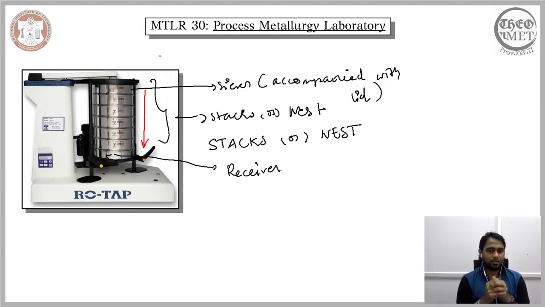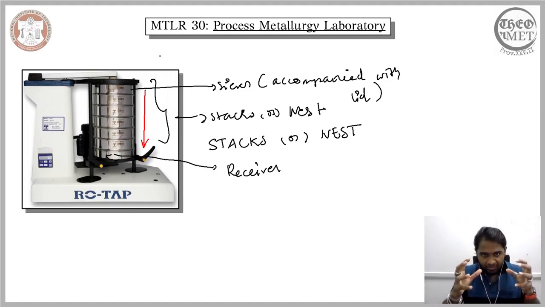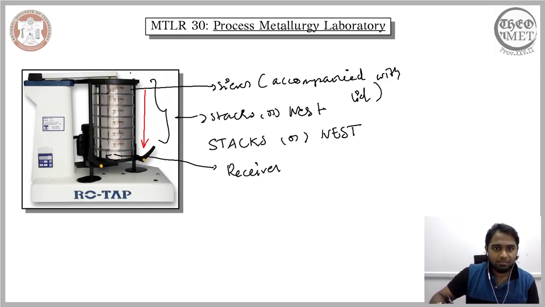So if you relate our understanding of the overview of sieve analysis to this experimental setup, you can understand that we are feeding the pre-weighed sample into the sieve that is accompanied by the lid, and then you are agitating the whole setup.